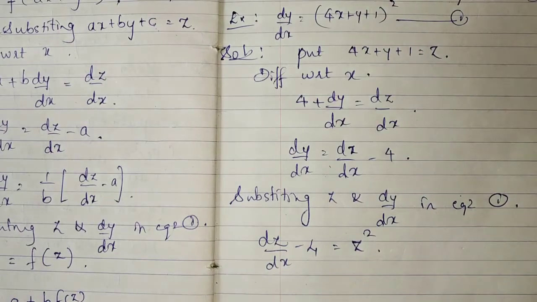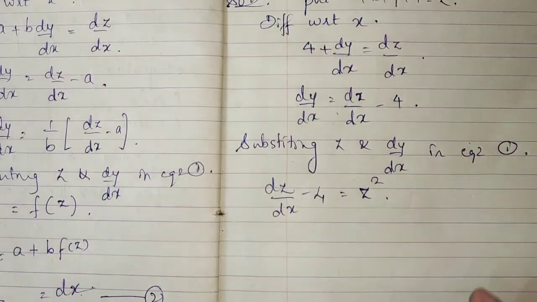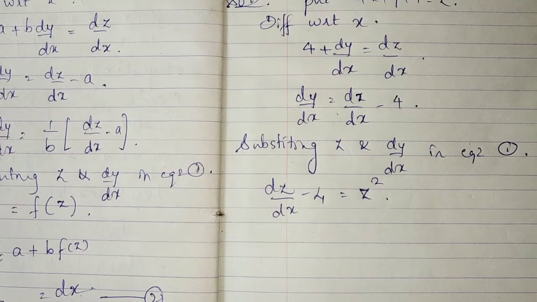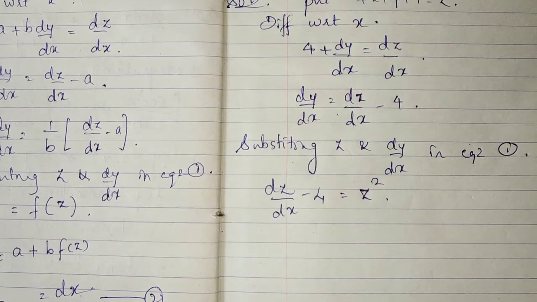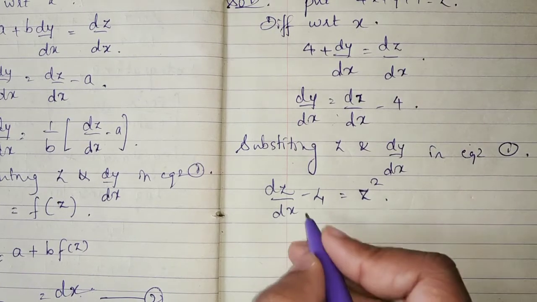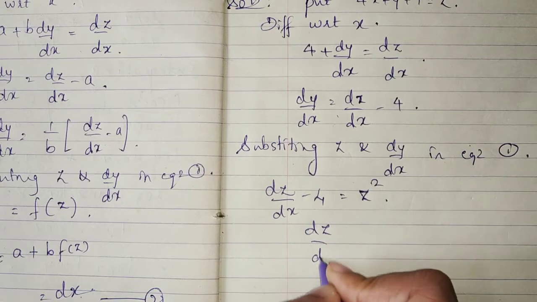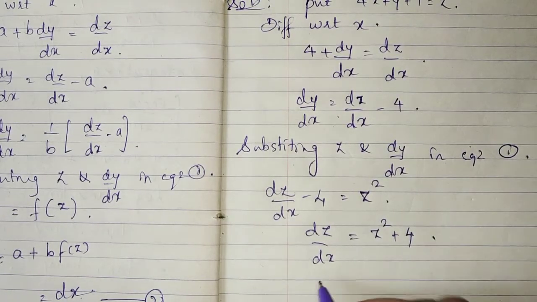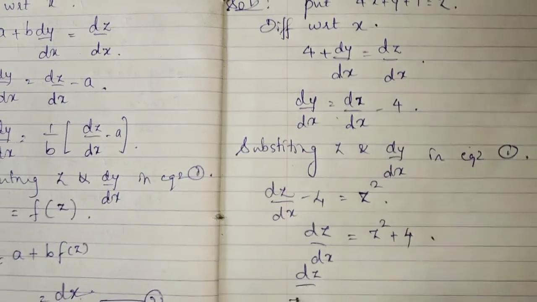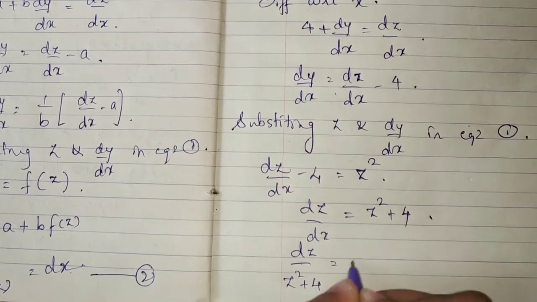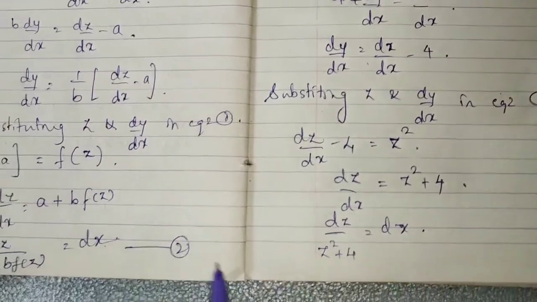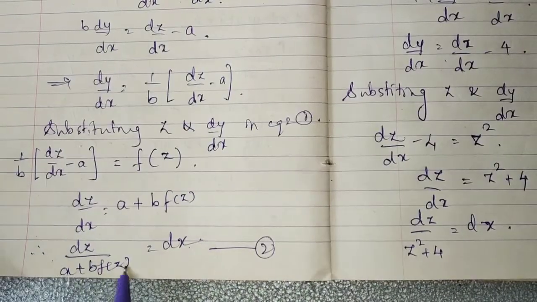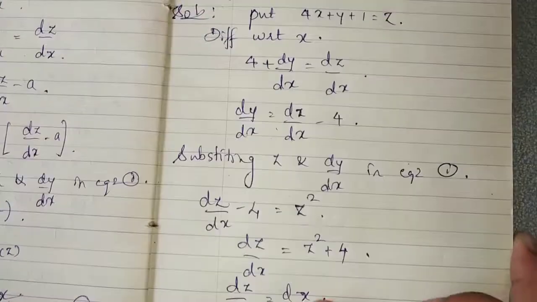Same procedure I am using, not going for any other methods. So dz by dx equal to z square plus 4, dz divided by z square plus 4 equal to dx. The same method is coming.